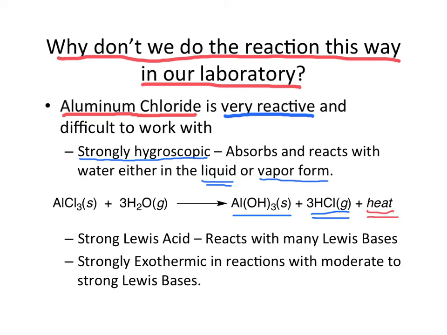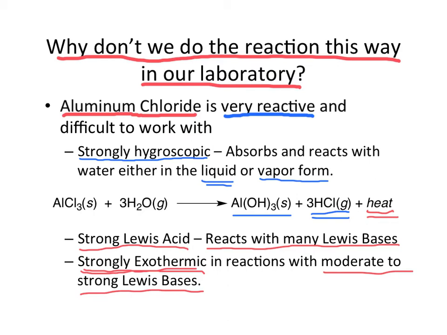And so it releases a lot of heat. So you've got the release of hydrogen chloride gas. It is a very strong Lewis acid, right? It reacts with many Lewis bases. And that reaction is strongly exothermic with most Lewis bases. So that combination means it's very hard to work with. And so we would like to avoid that kind of chemical, if at all possible, in the undergraduate organic laboratory.